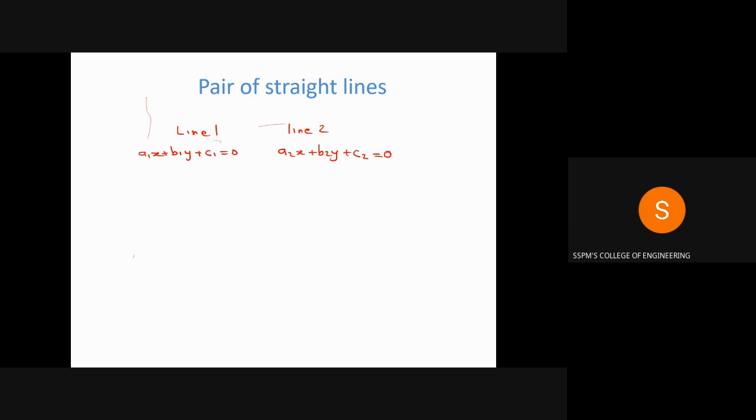Then what will be the combined equation of these two lines? It will be given by their product: a1x plus b1y plus c1 into a2x plus b2y plus c2 is equal to 0.